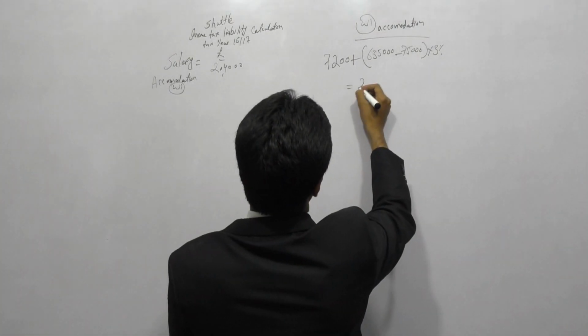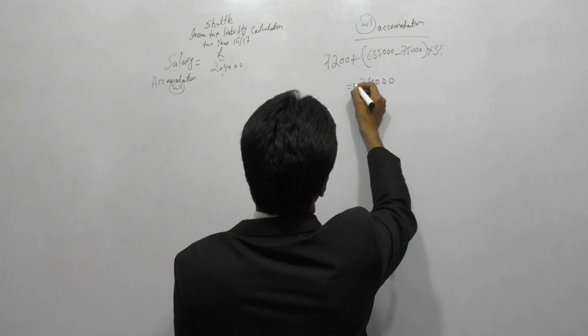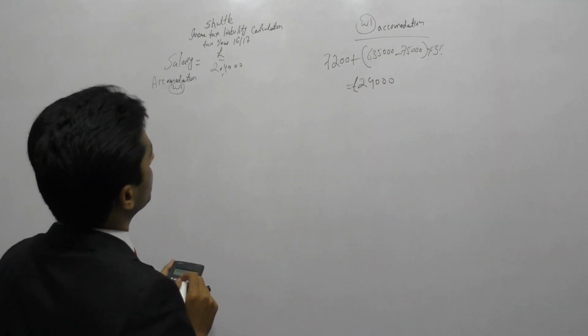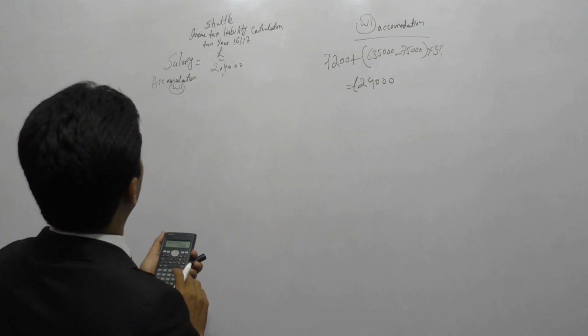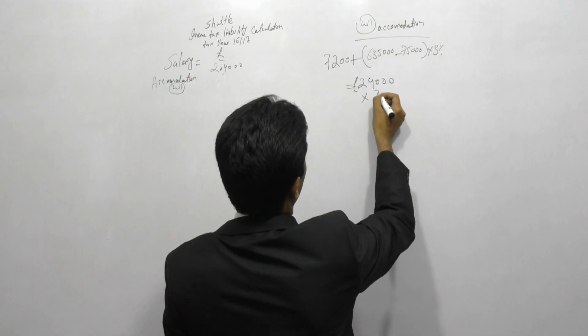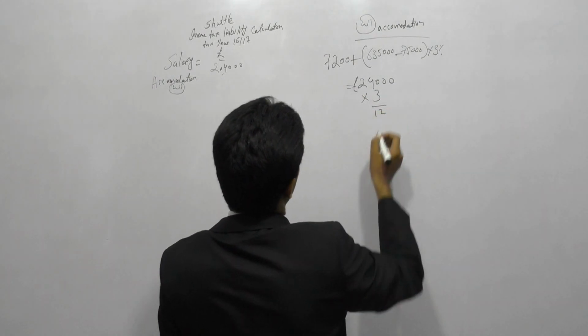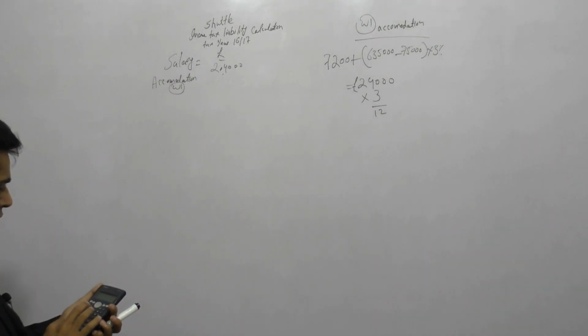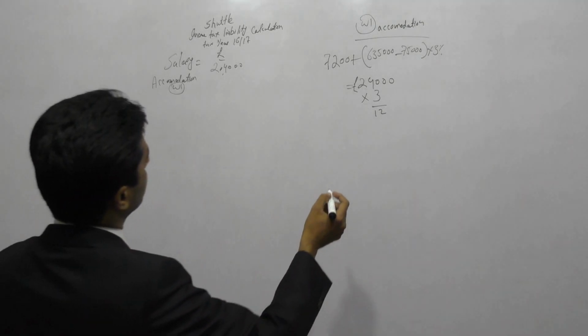Please make sure you redo it. Sometimes I may omit something, or I might do it wrong because I'm not too good on the calculator. So it's £24,000. What we need to do is multiply it by 3 over 12. £24,000 into 3 over 12 is £6,000.